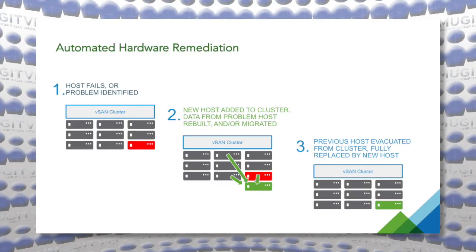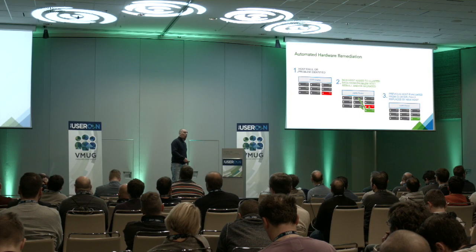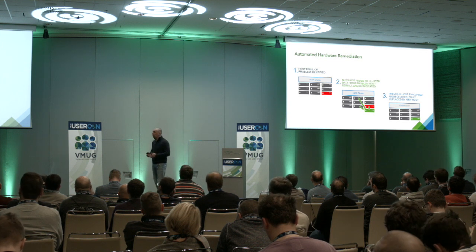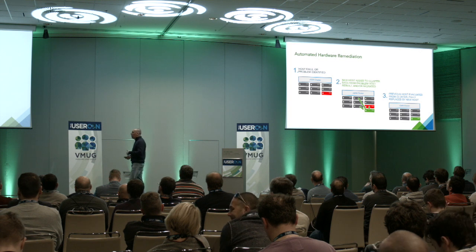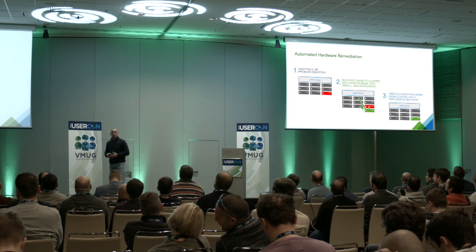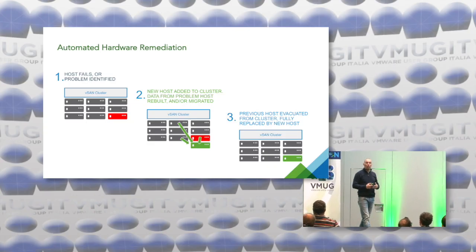You can also use this if there's a hardware problem. So if a component fails or a host completely fails, we're basically going to add another host. So HA is enriched as well. From this point on, we automatically add more hosts when we see a problem occurring. So we see a problem, we add another host, we remove the other host.